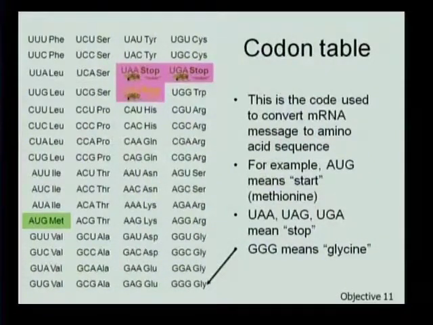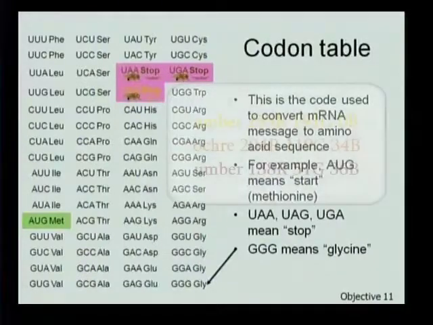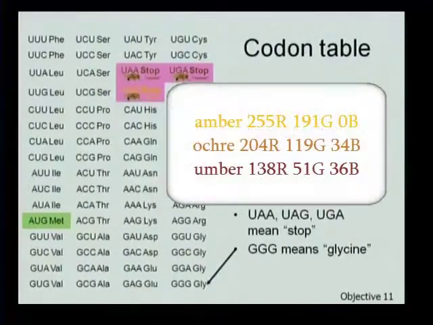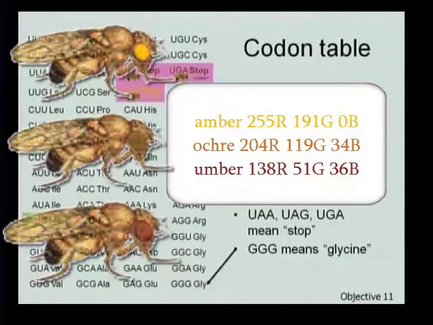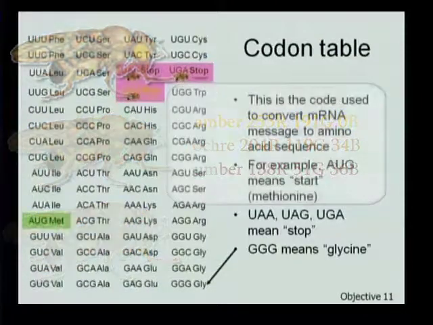And just so you know what kind of geek I am, I'm enough of a geek that on this slide I went in and found the correct RGB codes, the correct color codes in computer language for amber, for ochre, and for umber. So those are the colors of the fruit fly's eyes.